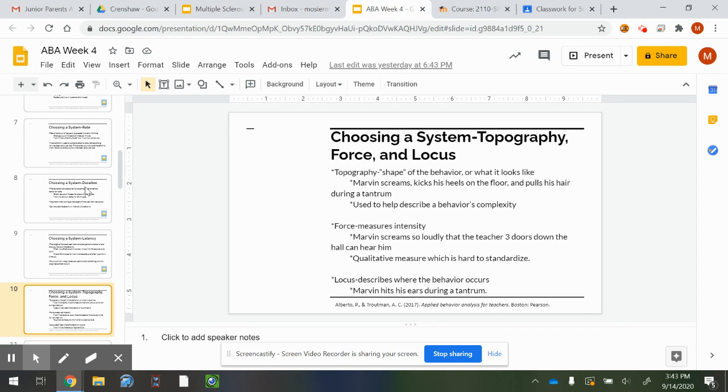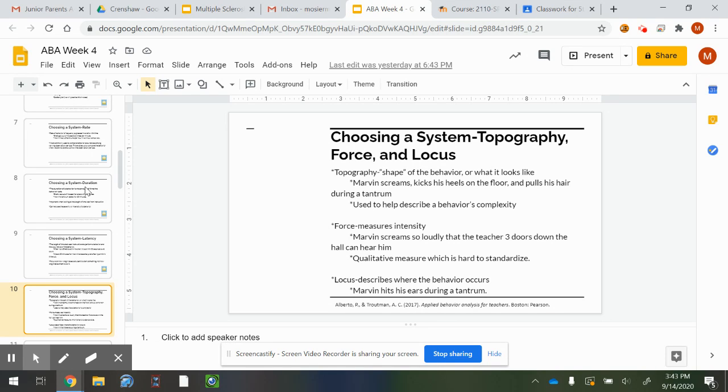And then the last ones I've actually combined here. They're just ones that we don't use a ton, but good to know in the event that you have a student with a behavior that you're not really sure how to record. So topography is just the shape of the behavior or what the behavior looks like.